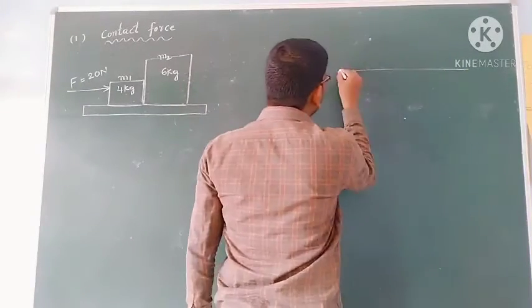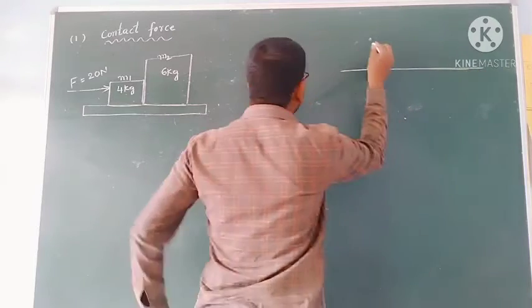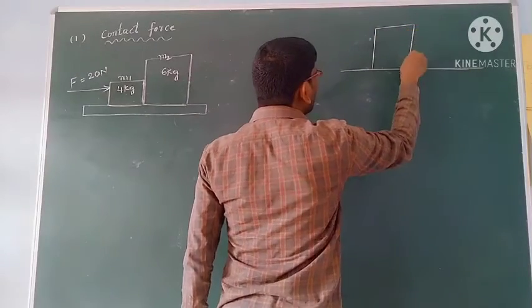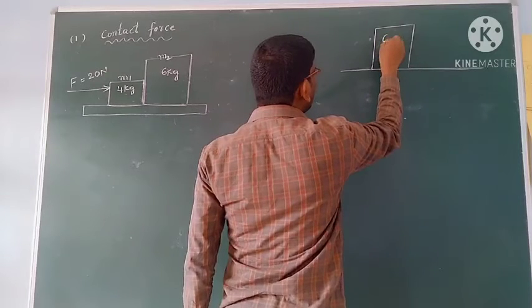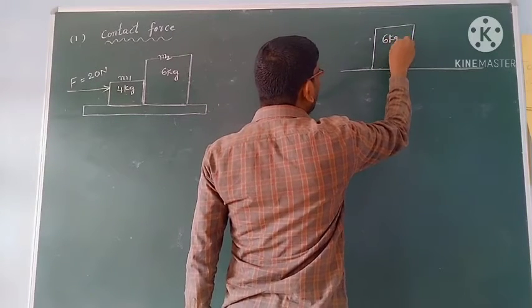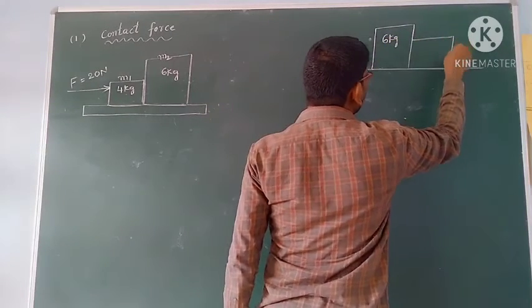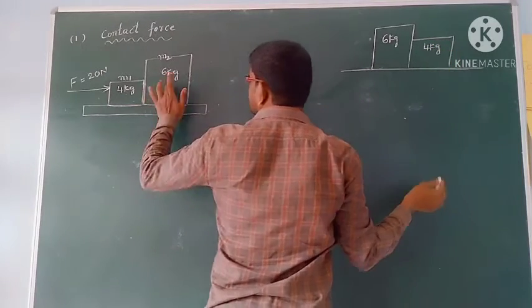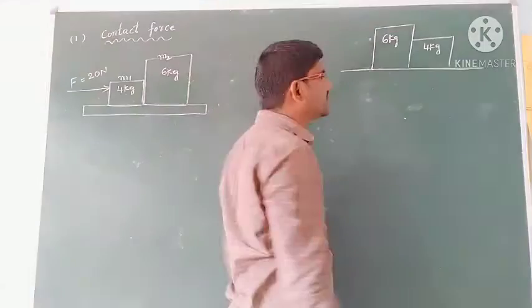For the same diagram, see students, now this is the 6 kilogram block, and this is a 4 kilogram block. Same blocks only. 6 and 4 are kept in contact like this.